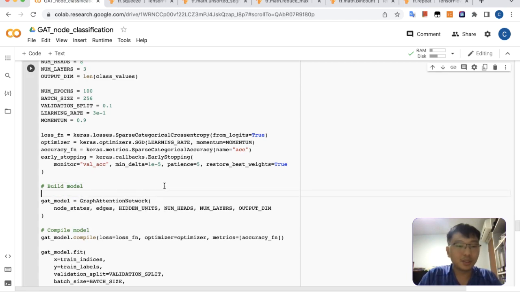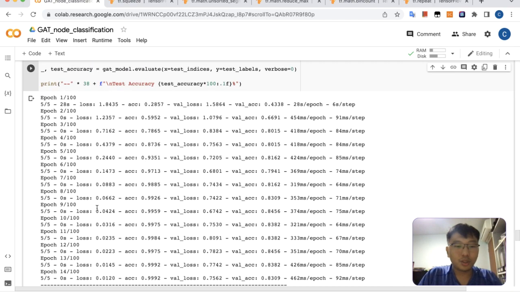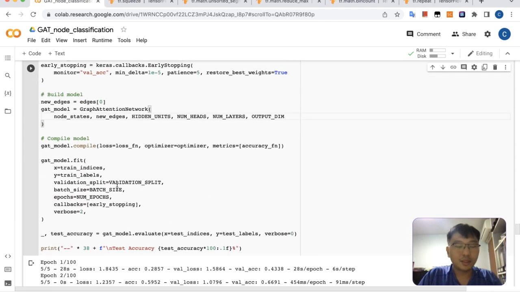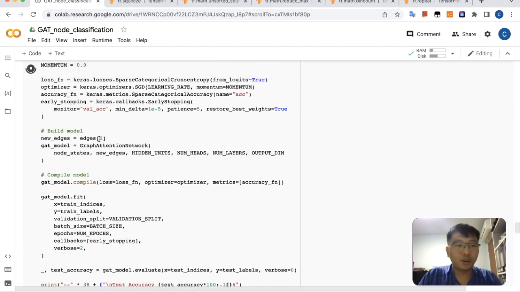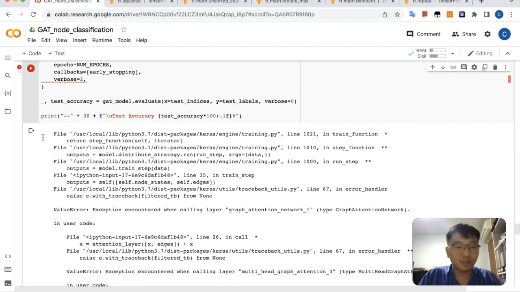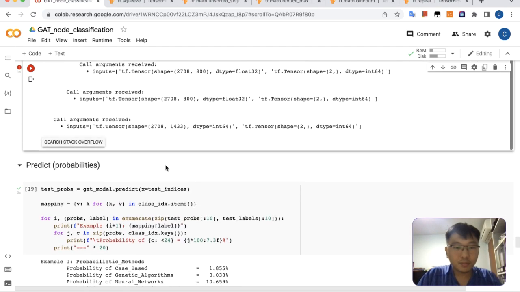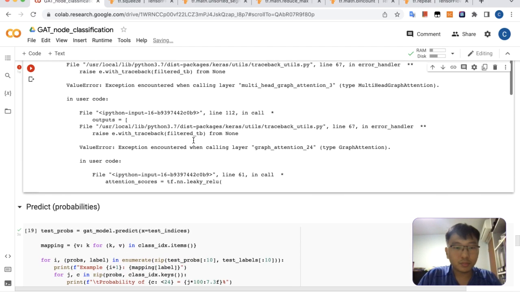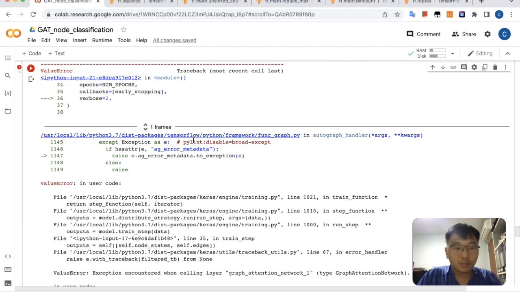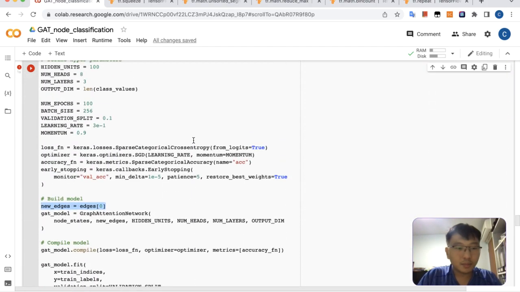So what we do is we have this thing called new edges equals edges 0. So maybe we just pass it the new edges. So this was 80% accuracy. If we just remove all the edge information, okay, what's happening?